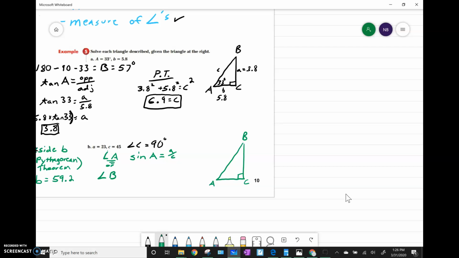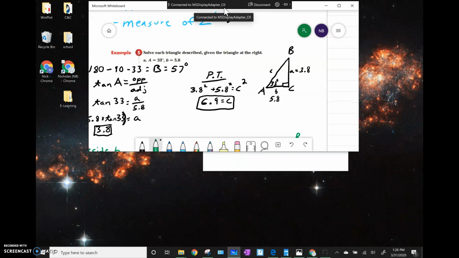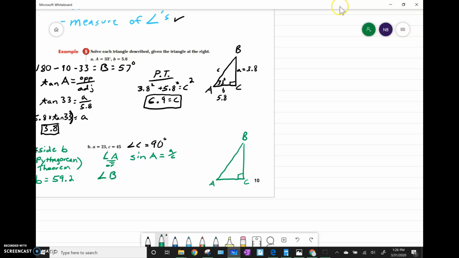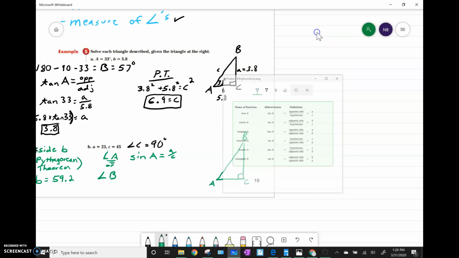I'm using just the letters that they gave me. And if you look at your chart, the sine of A is going to be A over C. So we'll just use what's given to us so we don't have to go fishing for anything.